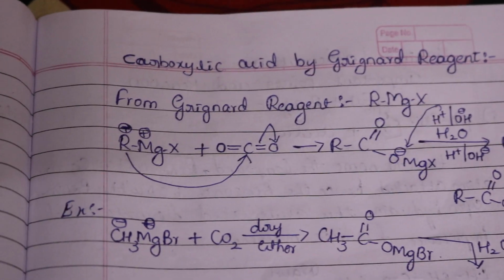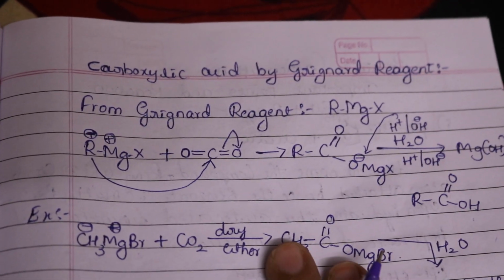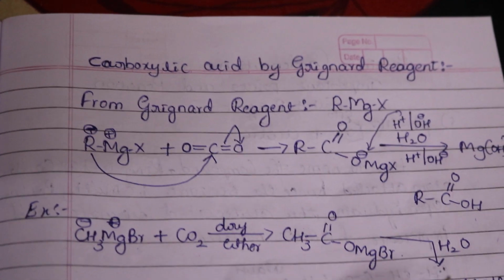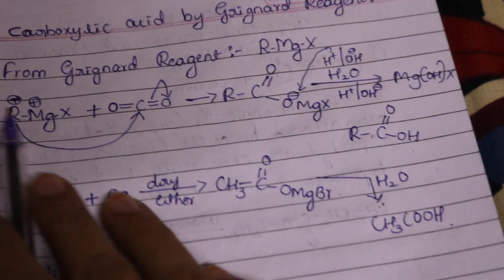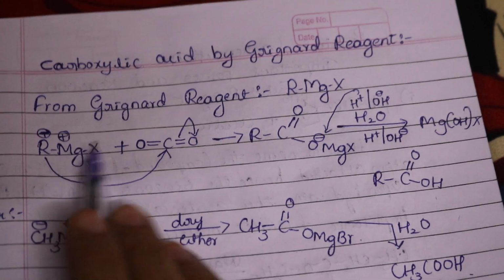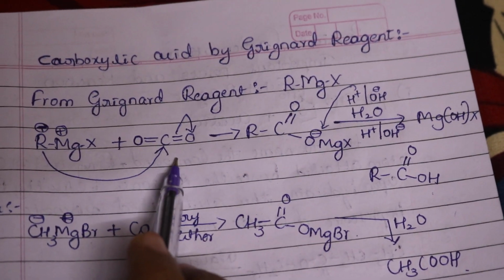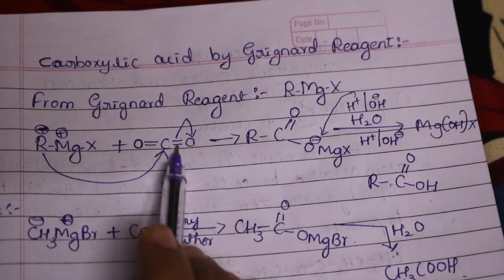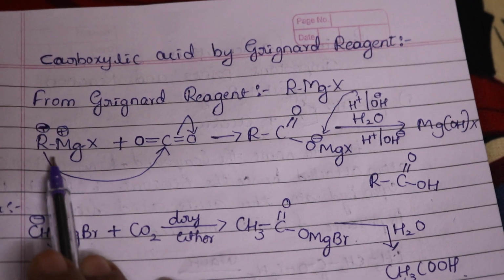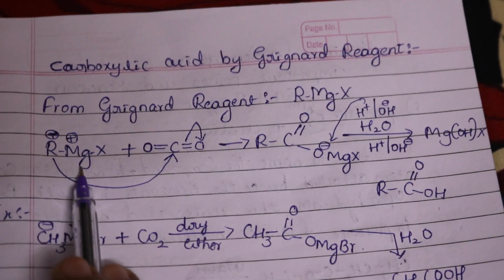And what are the applications involved in this carboxylic acid? Next we will discuss this topic. But before that, I will teach once again the reaction from the Grignard reagent. RMgX, when treated with carbon dioxide, the oxygen acquires the electron from this pi bond, and this alkyl group contains a negative charge, while magnesium is a positive metal.